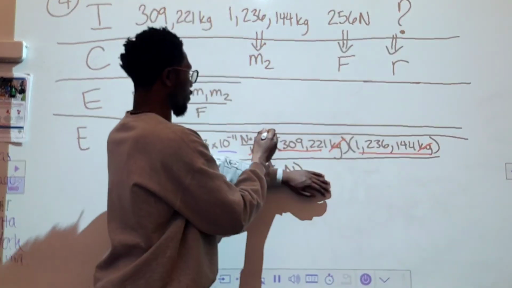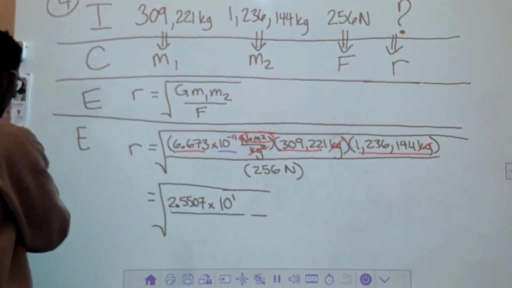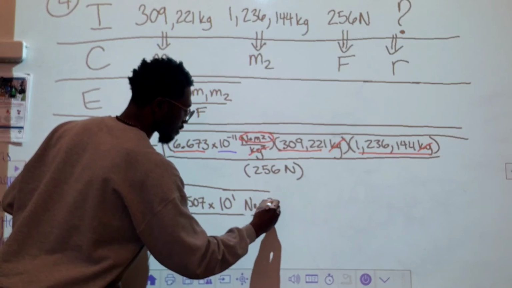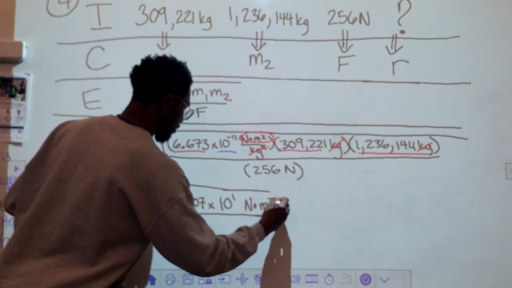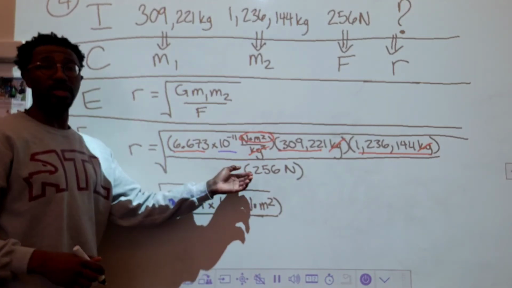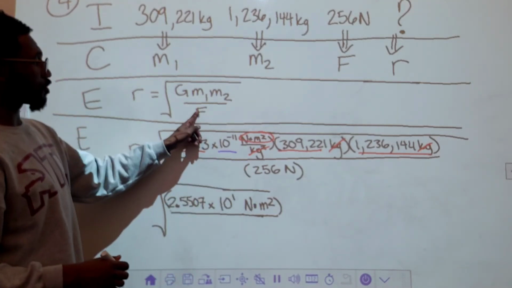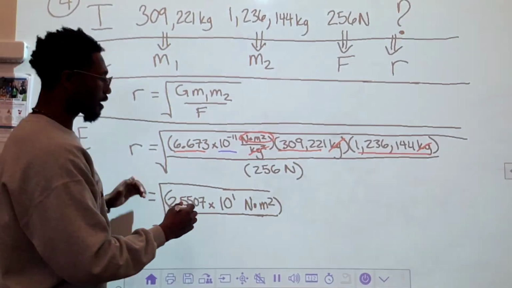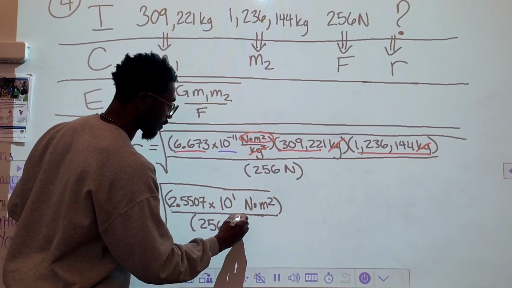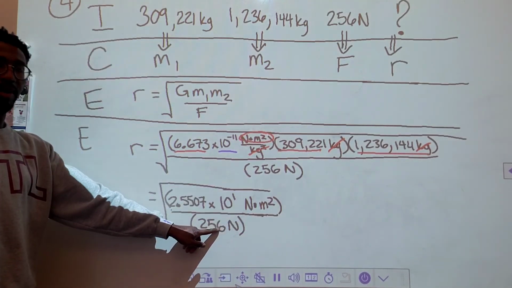And our unit for the numerator is newtons times meters squared. All right. So that's our numerator. Now our denominator, we don't have to do anything special to this. This is just the force. Unlike the last problem, it's not getting squared. It's just F. Okay. So we just go ahead and write that down here.